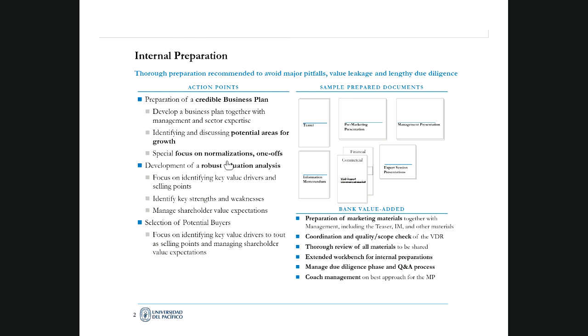Obviously, if this is something recurring, then you don't explain it as a one-off. But if there is a specific explanation, it's good that you explain one-offs or that you normalize the figures to what would have happened if you remove this specific situation, so that you don't make the company look worse than it should, okay?